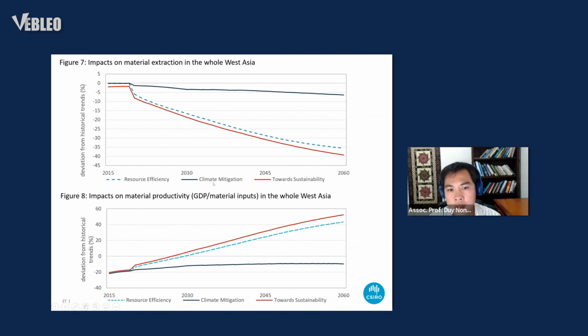But for the climate mitigation policy scenario, because we don't impose any efficiencies in using and producing material, and also don't impose the production tax on producing or supplying material, the material only reduces slightly compared to the baseline. And when the two combine in the two sustainability scenario, we experience about a 40% reduction of material extraction compared to the baseline.